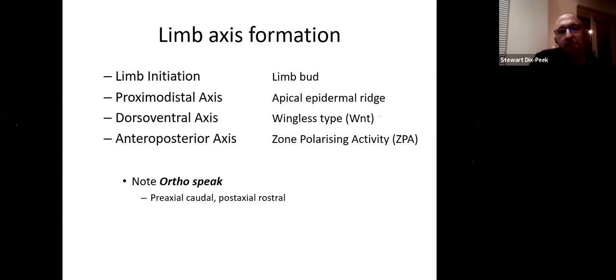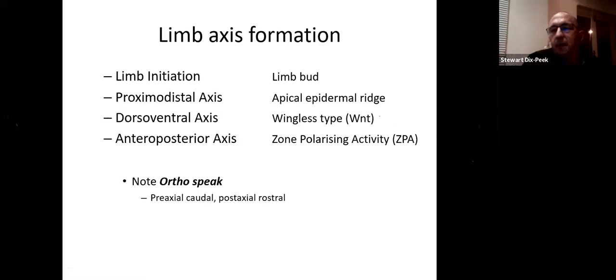The AP axis gets us a little bit stuck, because the AP axis actually talks about a zone of polarizing activity, so let's slow all of that down.